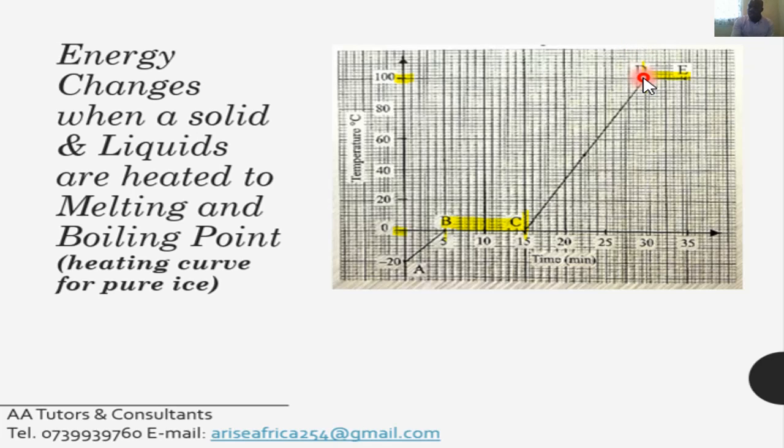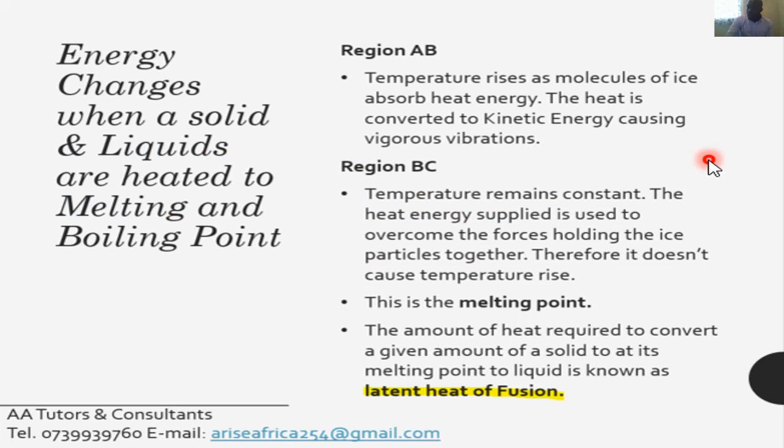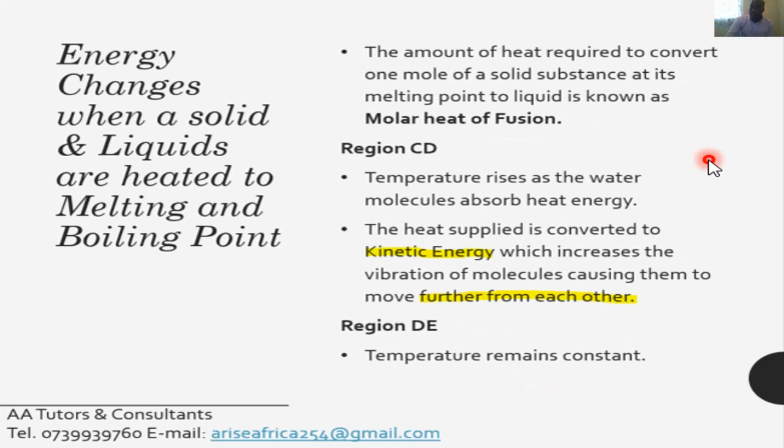Water begins to boil at region D, and it boils all the way to E. At E, all the liquid will have turned into a gas, and therefore region DE is also known as the boiling point. Now, let's talk about the energy change at the boiling point.